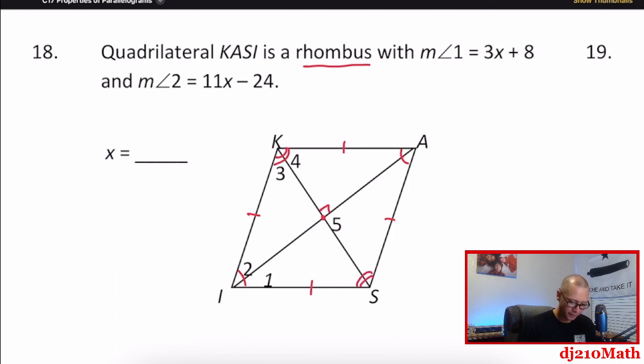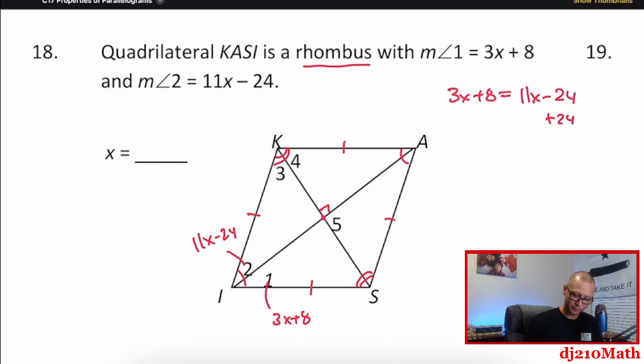All right, so what are we trying to find? The measure of 1 is 3x plus 8. The measure of 2 is 11x minus 24. So I know that the diagonal bisects them, cuts them into two equal parts, therefore they are equal. So 3x plus 8 is equal to 11x minus 24.